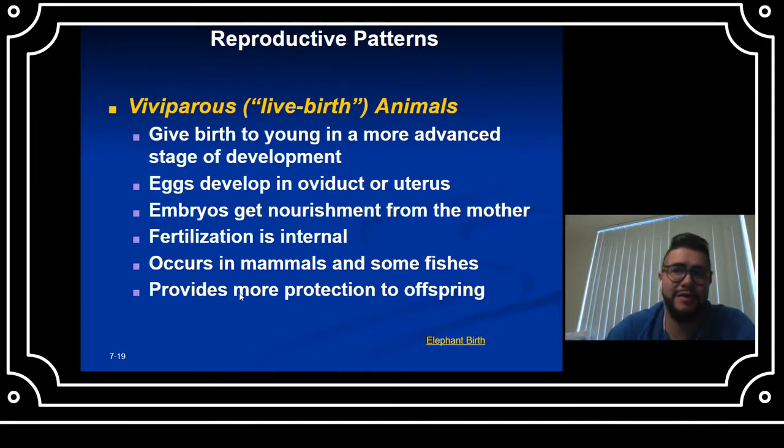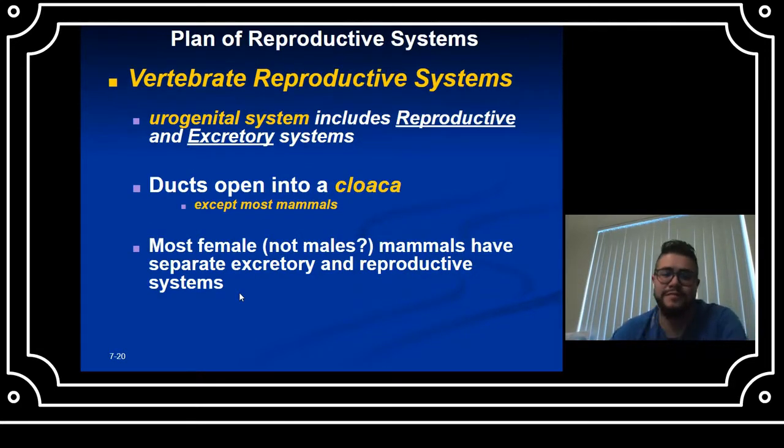That means that one, usually the young are a little bit more advanced when they are born, and also it just generally takes a longer time. Think of a human that takes 9 months. Elephants can take up to 18 months. It takes a long time for this process to occur.